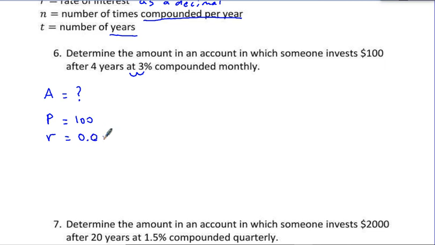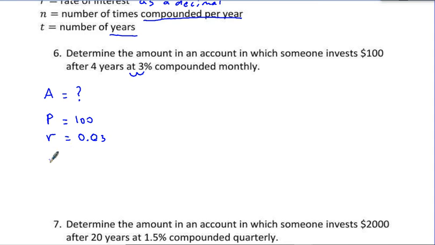So 0.03 would be equal to 3%. Percent means per 100. 3% would be like 3 pennies out of 100 pennies, or out of $1. That might be a way to help remember to move the decimal point to the left.